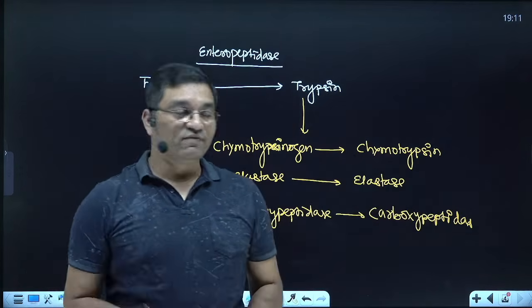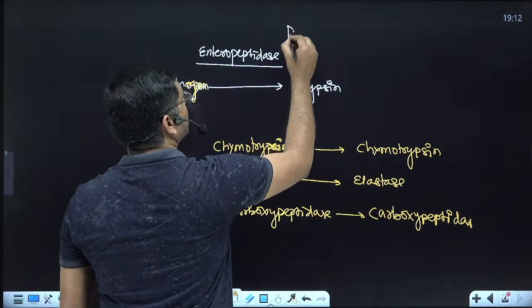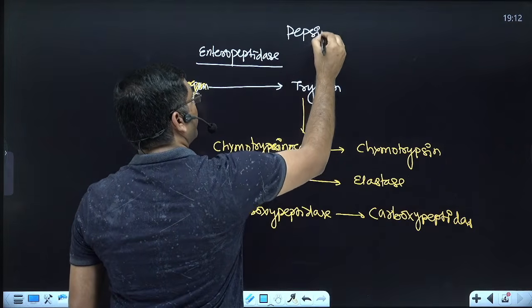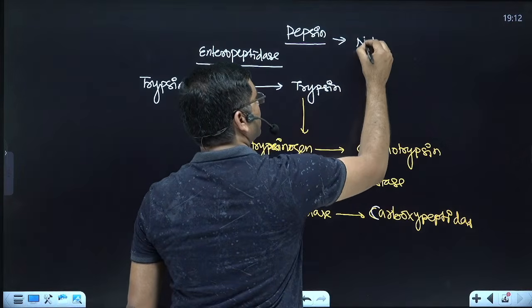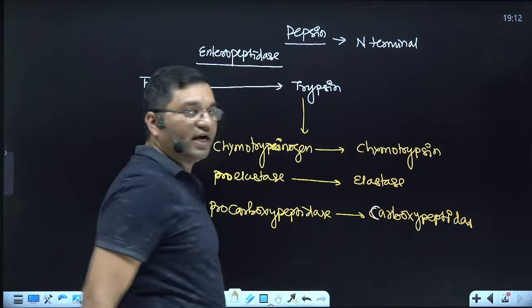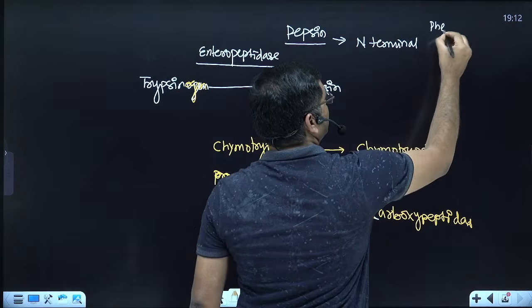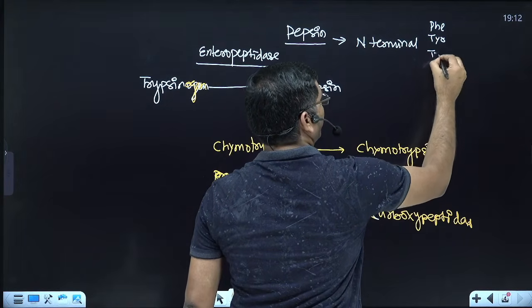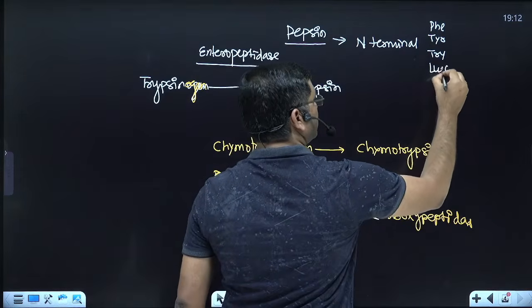Once again, we will revise the mechanism of action. So pepsin will act on the amino terminal or N terminal, will act on the peptide bond formed by the N terminal phenylalanine, tyrosine, tryptophan, leucine, and some acidic amino acid.